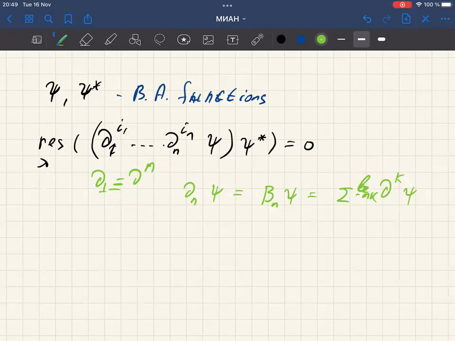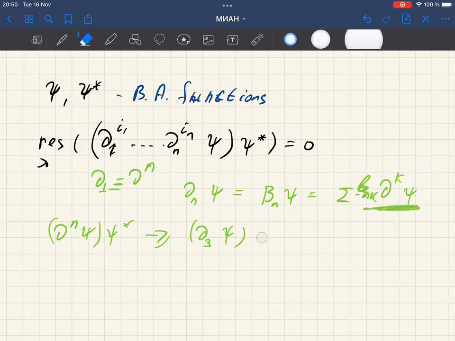If we prove it for dn psi psi star, then for d3 psi, for example, it will be just a consequence because we have a linear combination of such terms, so it's not necessary to prove.